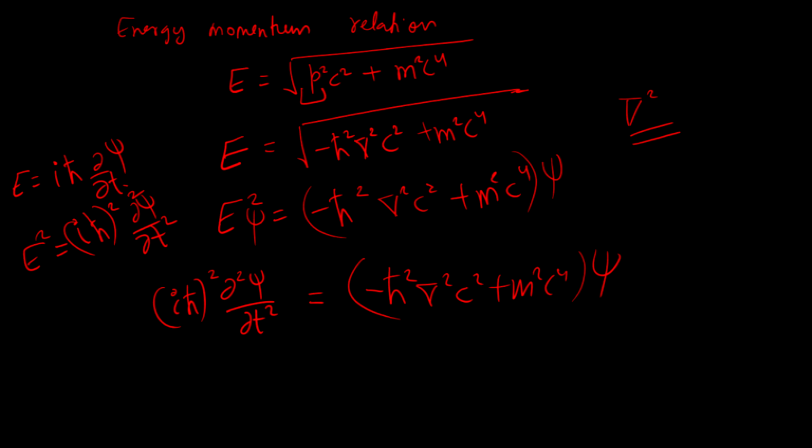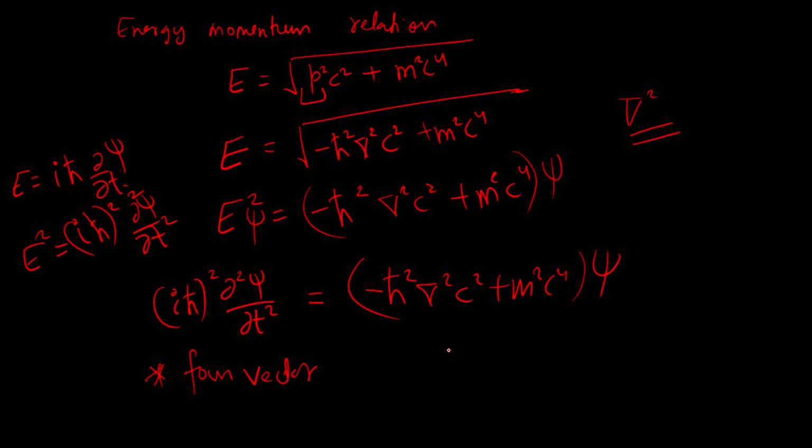Now what we understand from here is we have this particular equation. Now I have to introduce you to something called the 4-vector. A 4-vector is just a way of writing space and time.